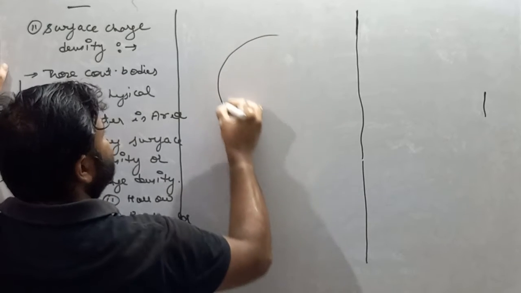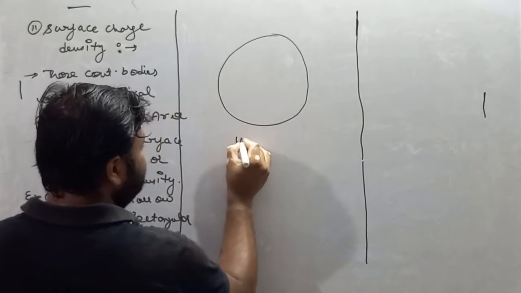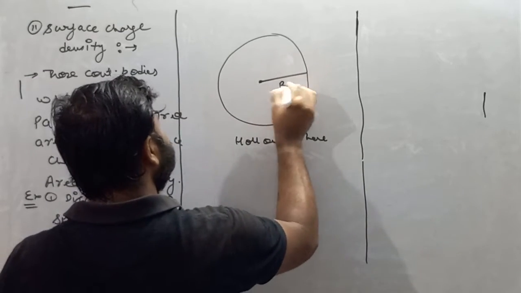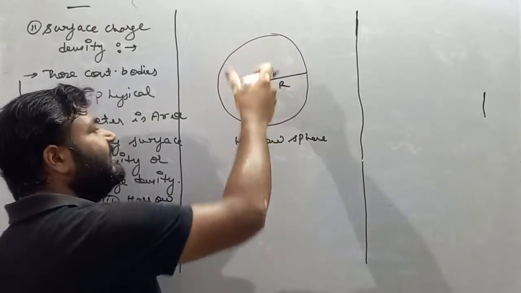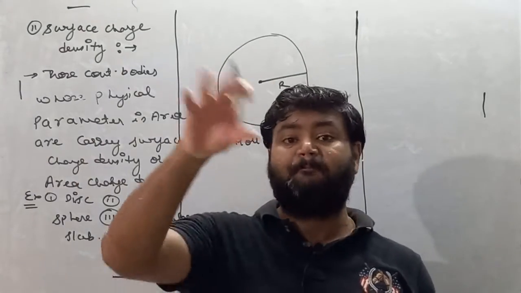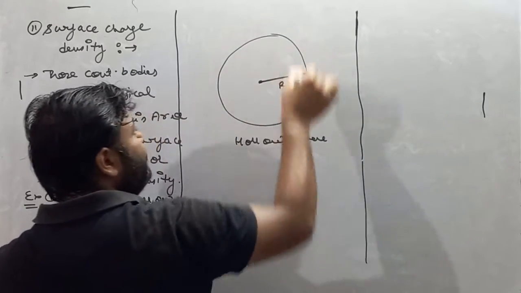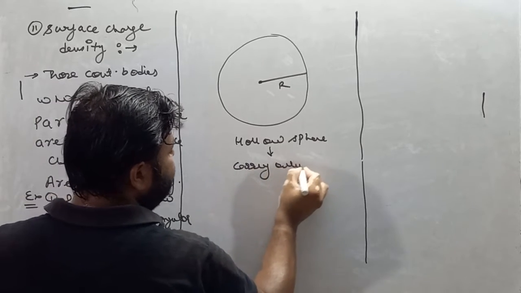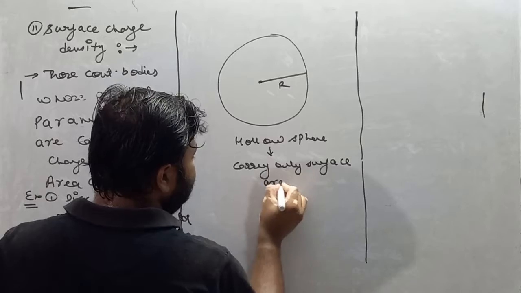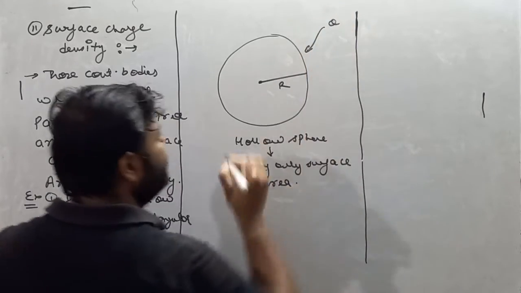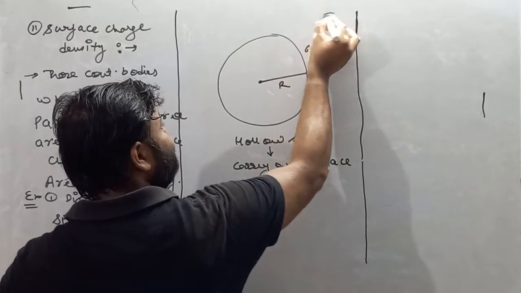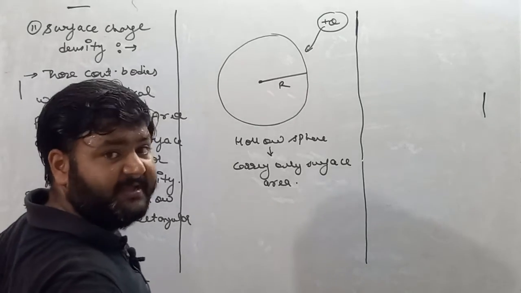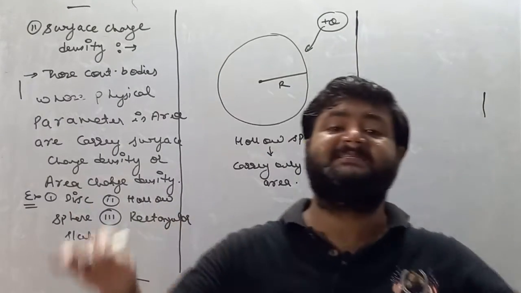So let's suppose we have a hollow sphere of radius r. We all know that inside the hollow sphere no surface is present, it is blank. So the hollow sphere carries only surface area. If I put some charge, let's suppose plus q, then this plus q charge is distributed all over its surface. Why? Because charge needs a surface for its existence.